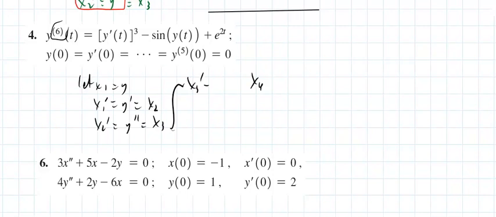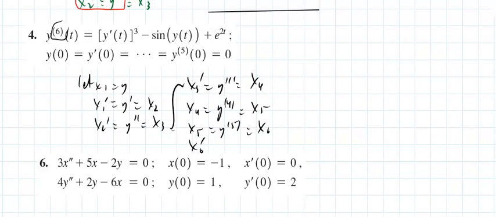Take a derivative of x3, that's y triple prime. Take a derivative of x sub 4, that's the fourth derivative. Call it x sub 5. Take a derivative of x sub 5, that is the fifth derivative. So in this case, I need a derivative of 6 of those to match, and that's always the case.